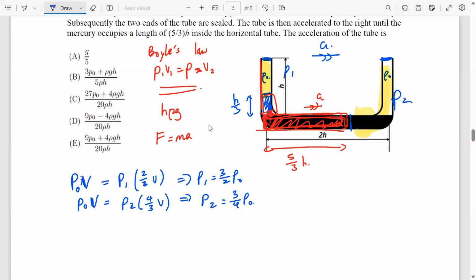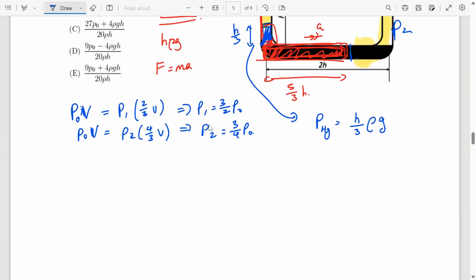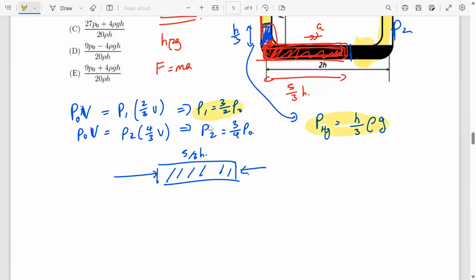And due to this extra mercury here, the pressure due to the mercury is going to be H rho G. Now you have all the pressures ready. You can look at this segment of the mercury, the 5/3 H part. The forces on one side are due to the pressure P1 and the pressure of the mercury, and the other side is due to P2, times A, the cross-sectional area.